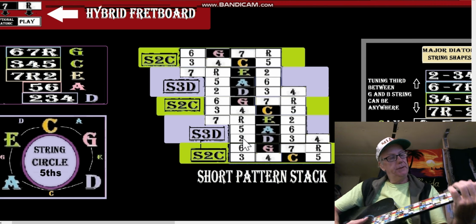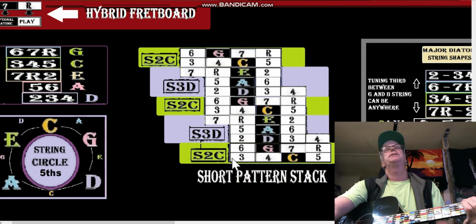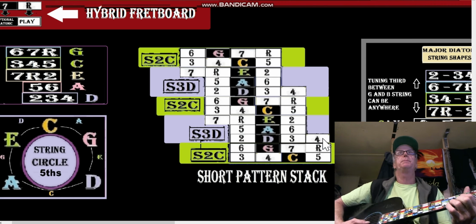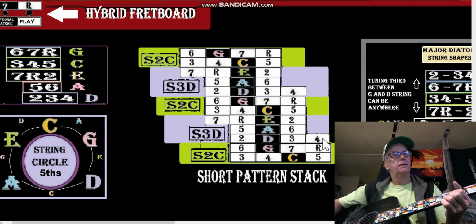We look in the D shapes, the D string shape 2, 3, 4 here. Okay, we look for the shape of the C. It's going to be D shaped here by definition. Okay, so that's a D shaped C. So we're going to play the D shaped diatonic there.